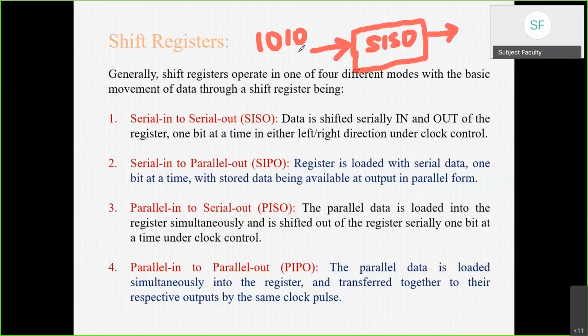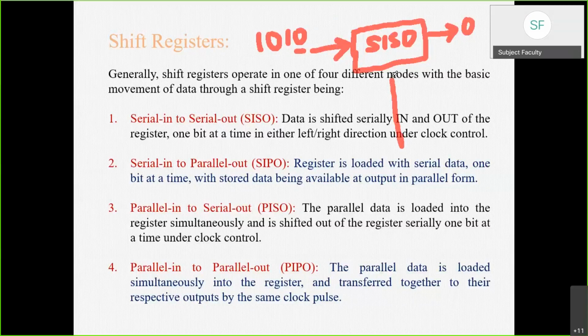So first this register will transfer 0 at the output, then it will transfer 1, then 0, and then 1, like this. So at the end, you will get this sequence at the output. This fashion is nothing but serial fashion.